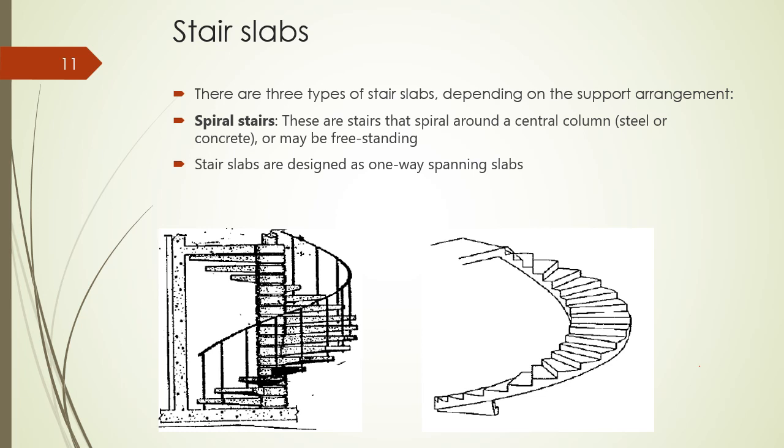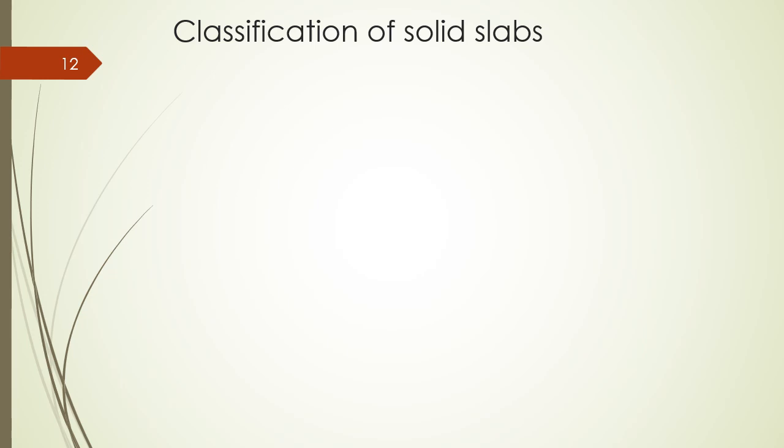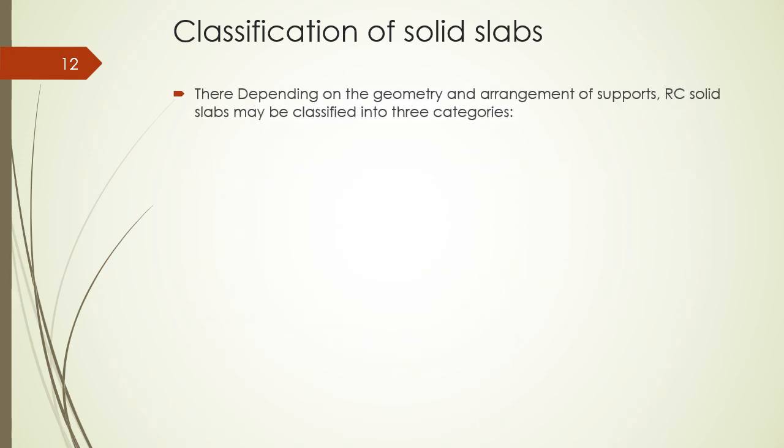Slabs are designed as one-way spanning slabs. The dead loads are calculated along the plan, and the live loads are calculated on plan. Our main focus for this design class will be solid slabs. So we'll circle back to the first type of RC slabs.